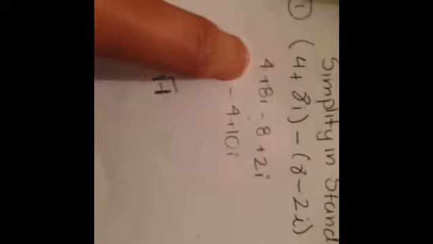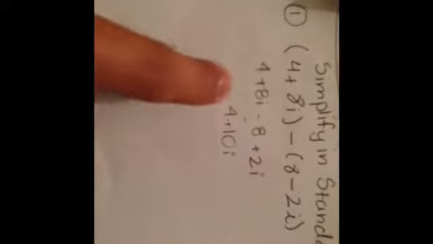So you end up with 4 plus 8i minus 8 plus 2i, and that simplifies to -4 plus 10i. Your answer should always be in complex form, -4 plus 10i, which is a plus bi.